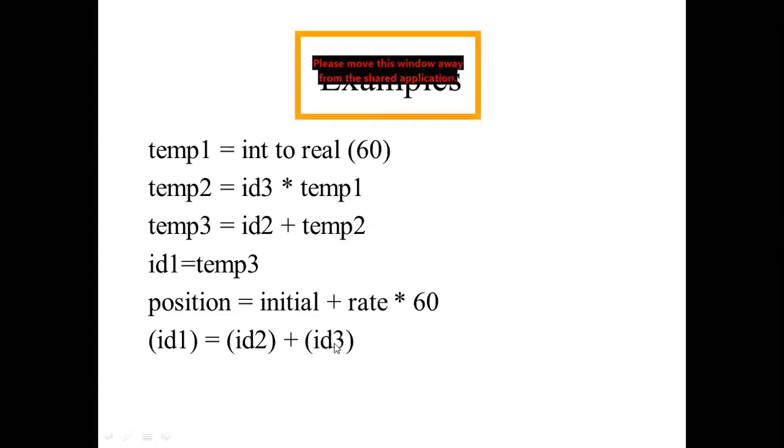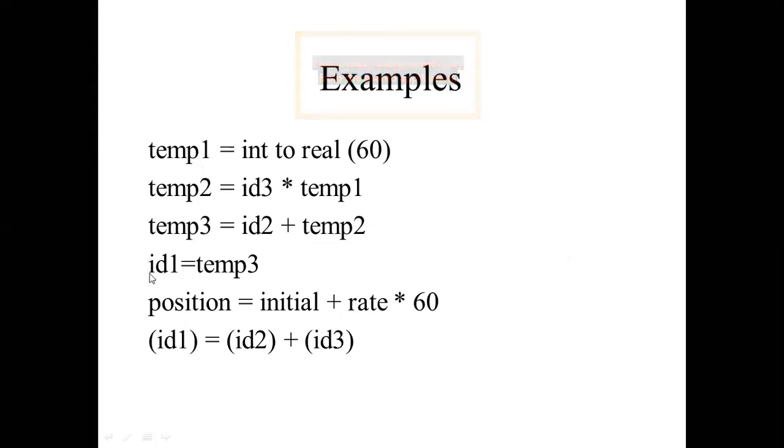Then how are we going to convert? We are considering a number of temporary variables here, temp1, temp2, temp3, and converting this expression into the form id1 is equal to temp3.